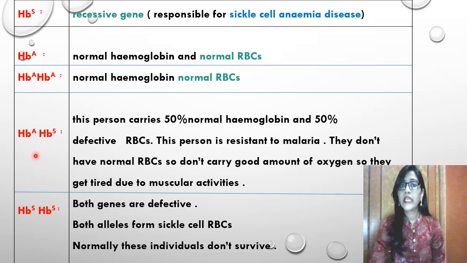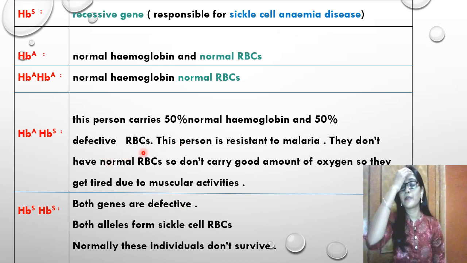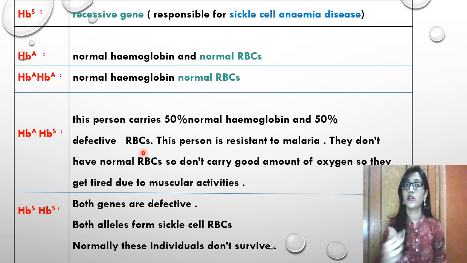If a person carries HbA and HbS, then this person carries 50% normal hemoglobin and 50% defective RBCs, as HbS is also getting expressed, and HbS is the recessive gene which is responsible for the sickle cell anemia disease. So there are 50% chances that the defective RBCs can get expressed in that person.